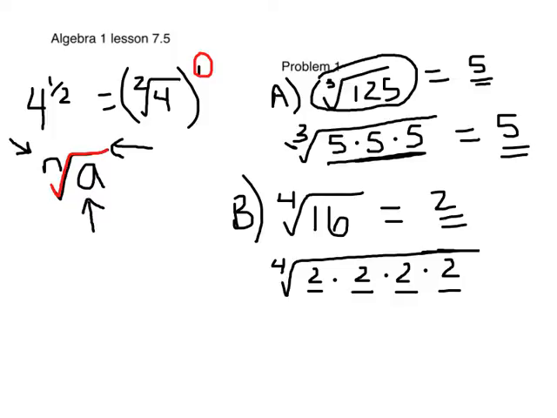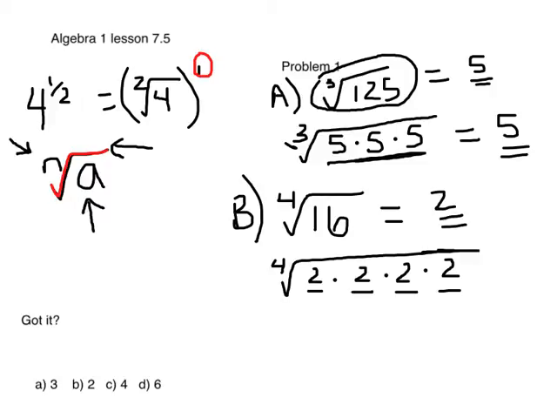Go ahead and pause the video and try the got its for problem 1. Then come back and check your answer. Alright, for the third root of 27, you should have gotten 3, because 3 times 3 is 9, times 3 is 27. For B, you should have gotten 2, because 2 times itself 5 times is 32.